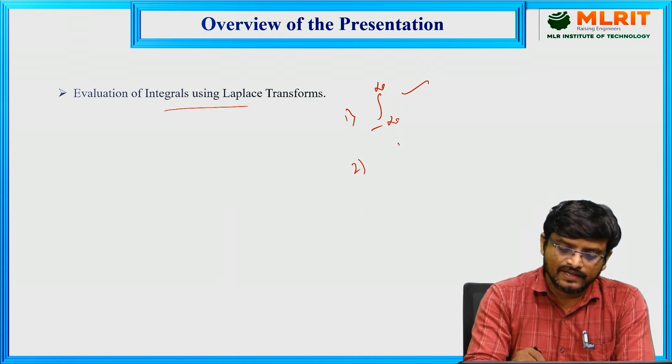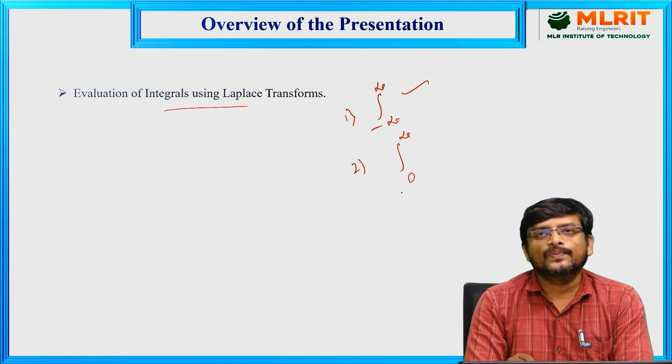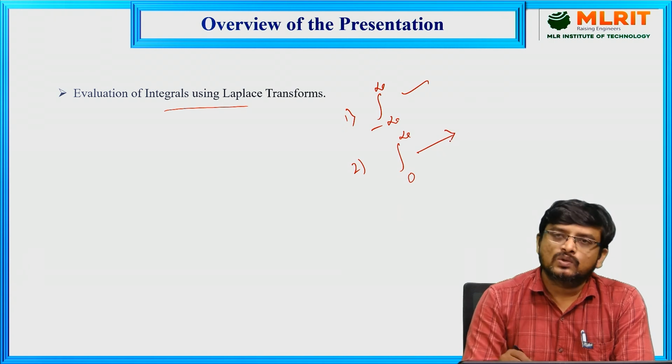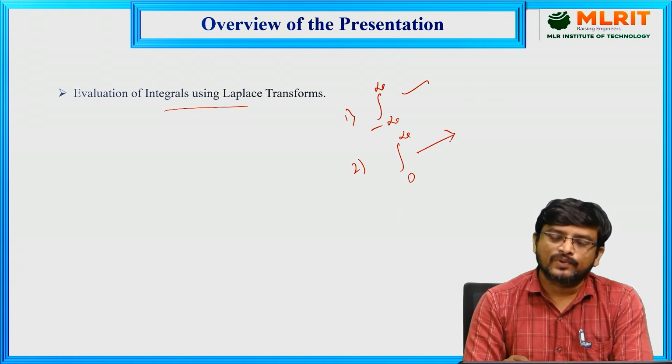The second kind is the integral from 0 to infinity, where only the upper limit is infinity. The next kind is when the lower limit is minus infinity, from minus infinity to 0, which is another kind of improper integral.